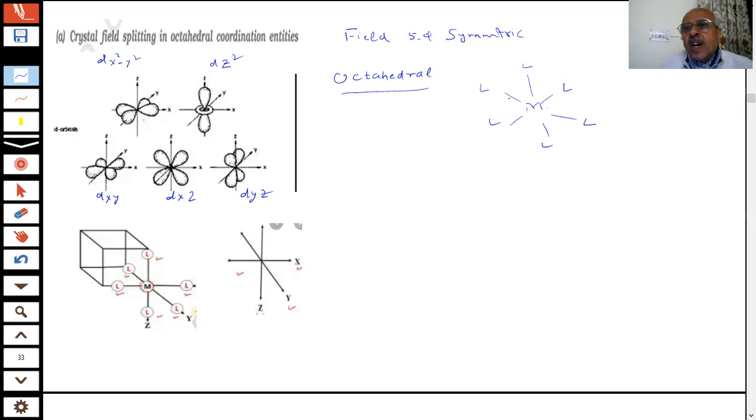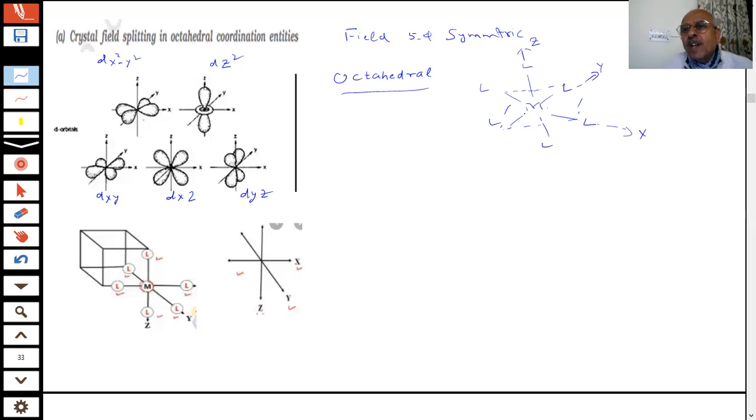In the case of octahedral, you know the shape. If these are the three axes, they are at 90 degrees. If one is x, the other is y, then this is the z direction.